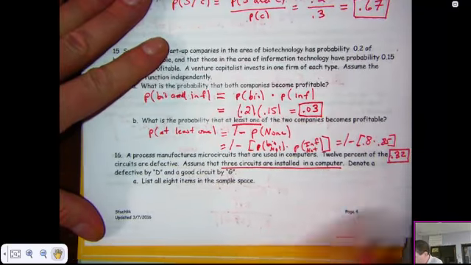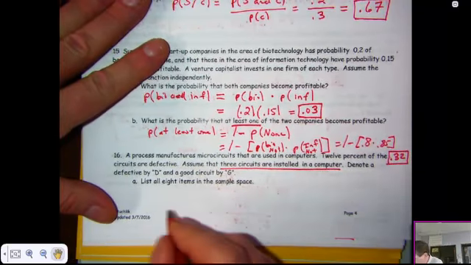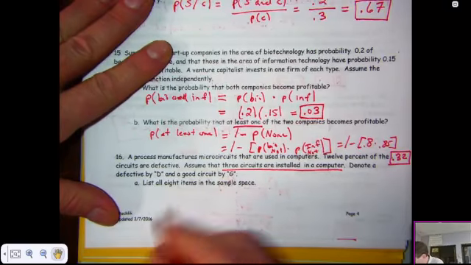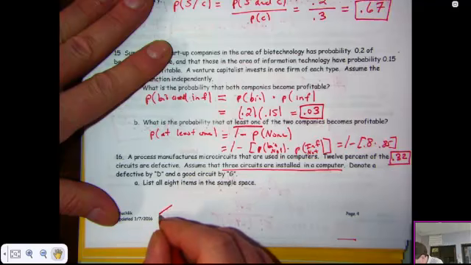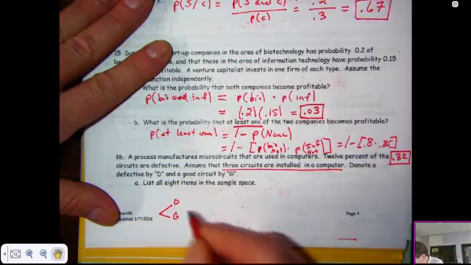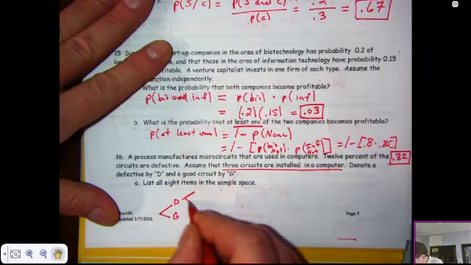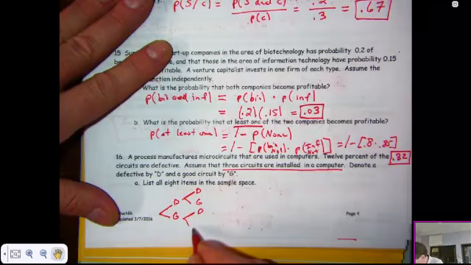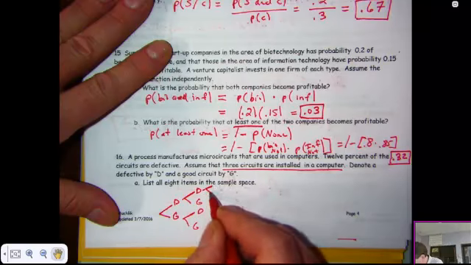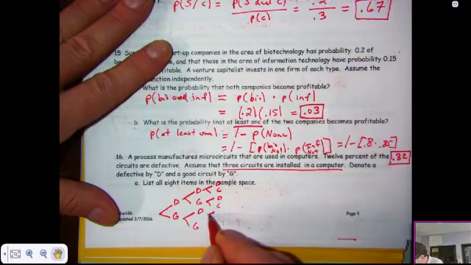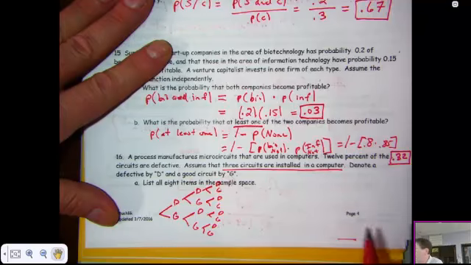So the first one could be what? We have the very first one, and I'll do a tree. You don't have to do this necessarily, but you have a defective or a good one, the first one. Then the next one could be defective or good, and the last one could be defective or good. What does it mean to list out the sample space?